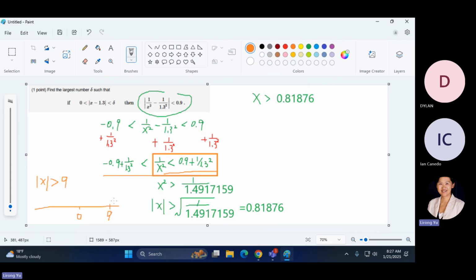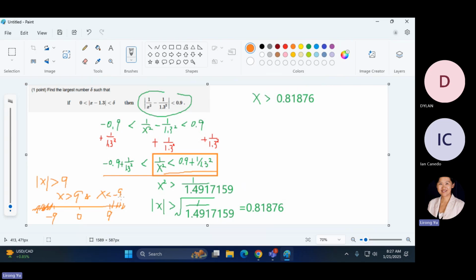So x is either in here or, with this being -9, x can also be here, like -10, -11. So x can be positive large or negative large, and that's the reason why when the absolute value of x is bigger than a number, x is either larger than 9 or x is less than -9. This is the process for removing the absolute value sign if it's larger than.